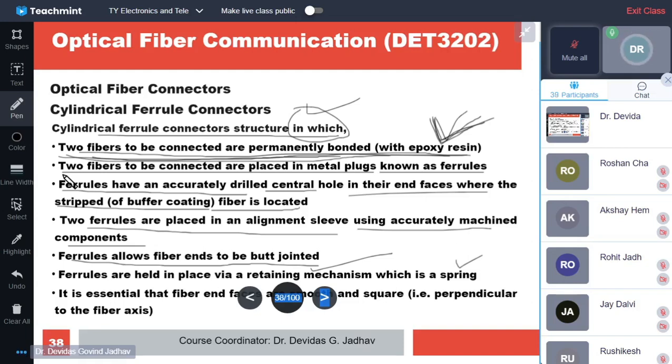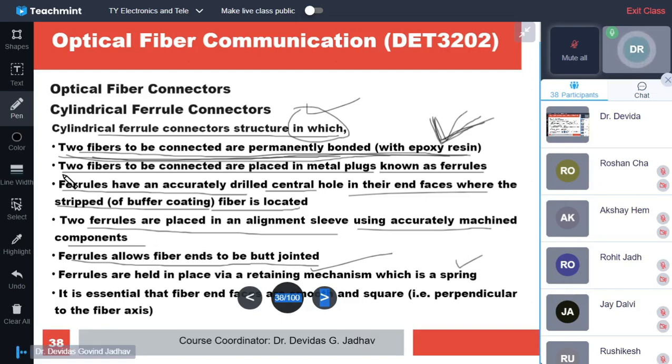Then ferrules have an accurately drilled central hole in their end faces where the stripped fiber, that is, with the buffer coating removed, is located, and then two ferrules are placed in an alignment sleeve. The fibers are aligned using an accurately machined component, and then ferrules allow fiber ends to be jointed. Ferrules are held in place via a retaining mechanism, which is a spring.